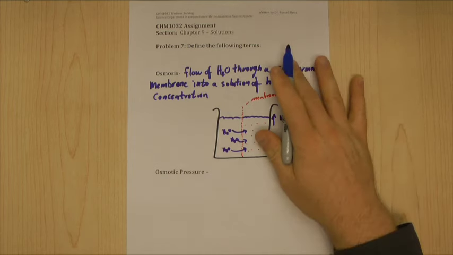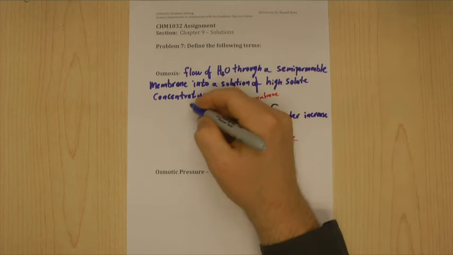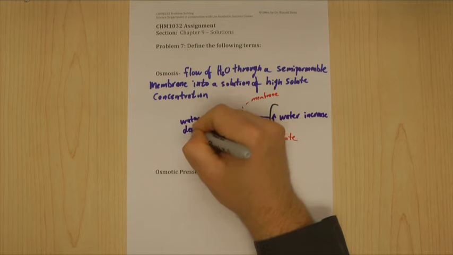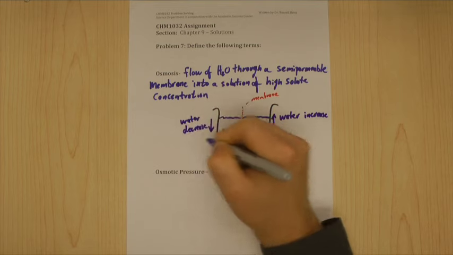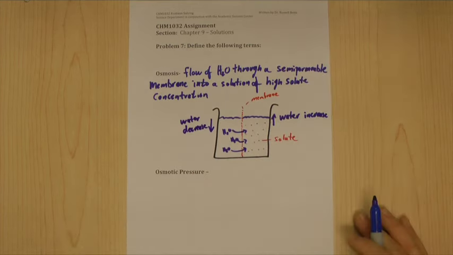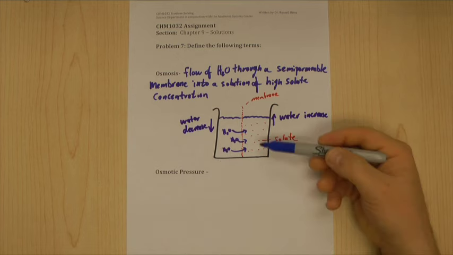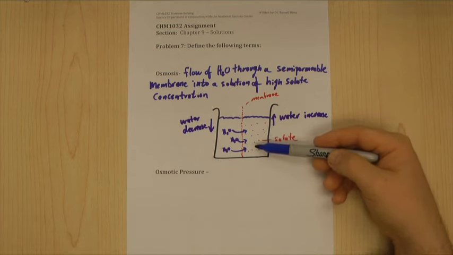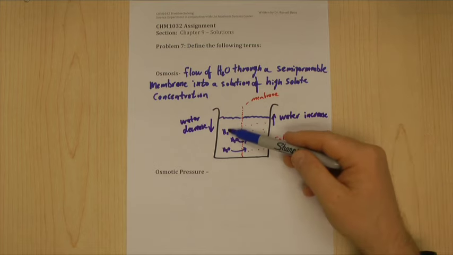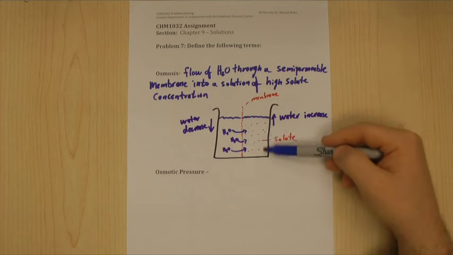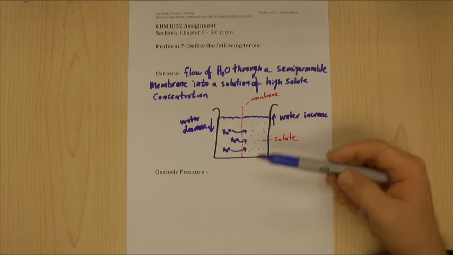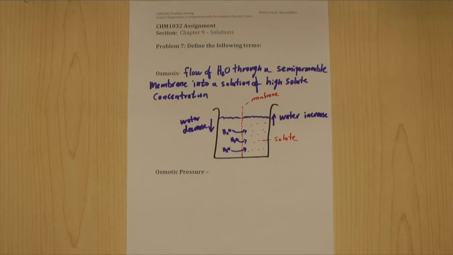So the water will increase on this side, but the water will decrease on that side. So the water decreases, the water increases as the water travels through the membrane to dilute that solute. That's osmosis. Okay? That's the water going from one side of the membrane to the other to dilute the solute.